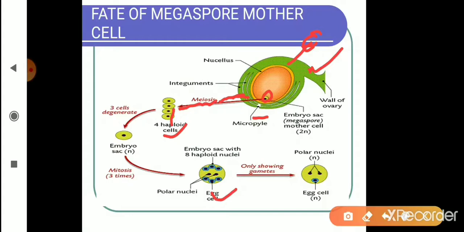So here you can see this is the female gamete, the egg cell, and 2 polar nuclei. These polar nuclei after development form a structure known as endosperm, which is used to nourish the developing embryo.